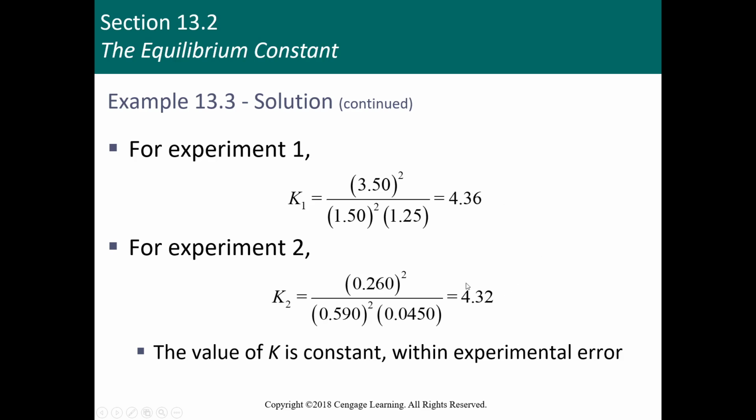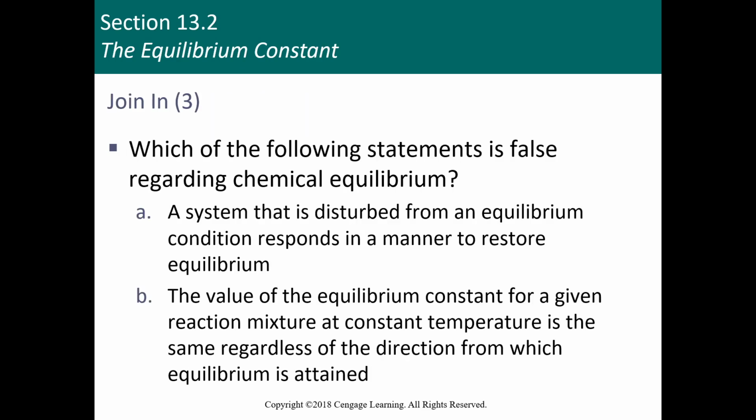And so these values are the same. They just have a little bit of experimental error, maybe a few errors in measurement. So yes, we have proven that that's true. It doesn't matter what our initial position was, we get the same equilibrium constant for both of those experiments.